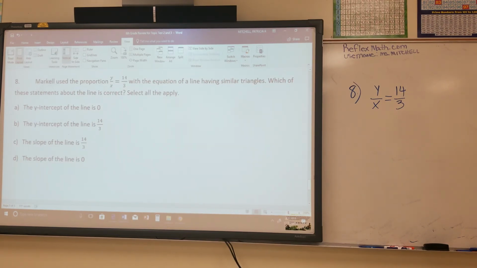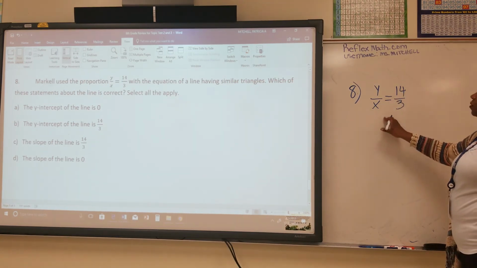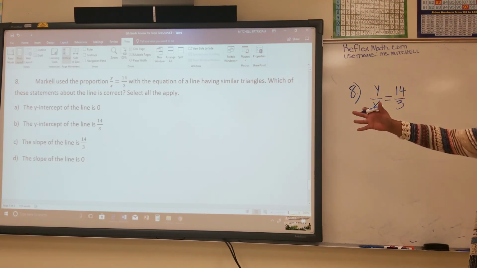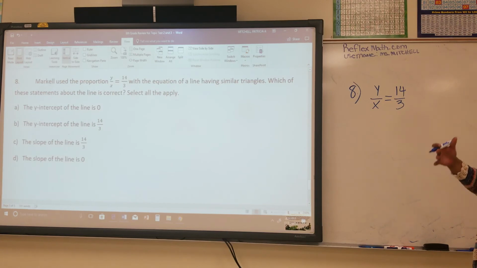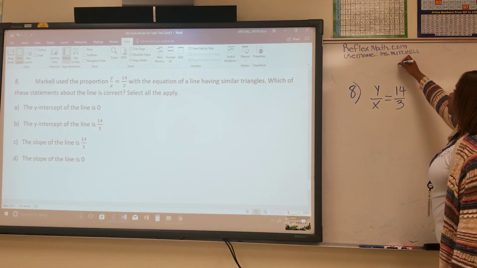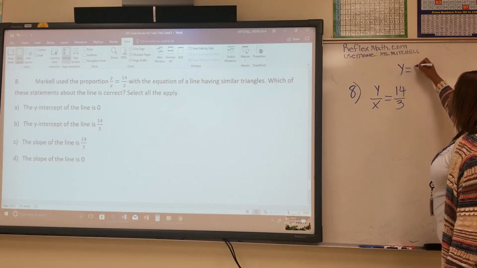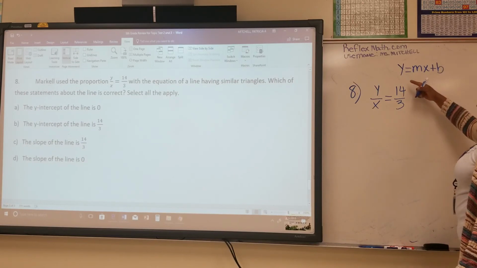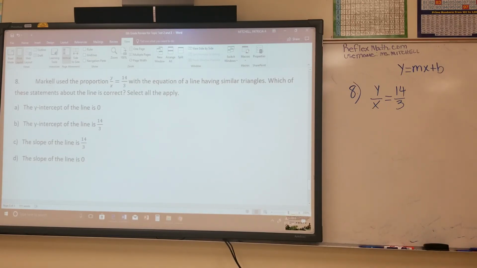Okay, so that gives us clues as to what we need to do. So we have y over x, rise over run. We also have in the options, they ask for y-intercept. Also, they ask for a slope. So that tells us right now that we need to put this in slope-intercept form, which is y equals mx plus b, okay?